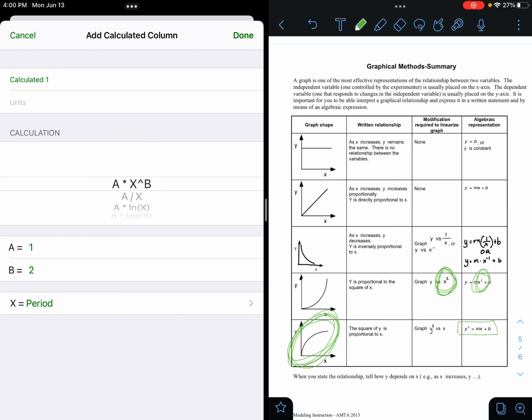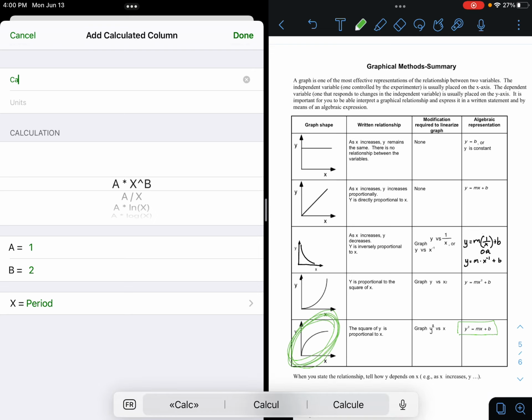But here, this is our y-axis, so we're going to make sure that we are changing the period to squared. So x is the period and it says to the b, and b is 2, so that means x squared. So we're going to calculate this up here and call this period squared.